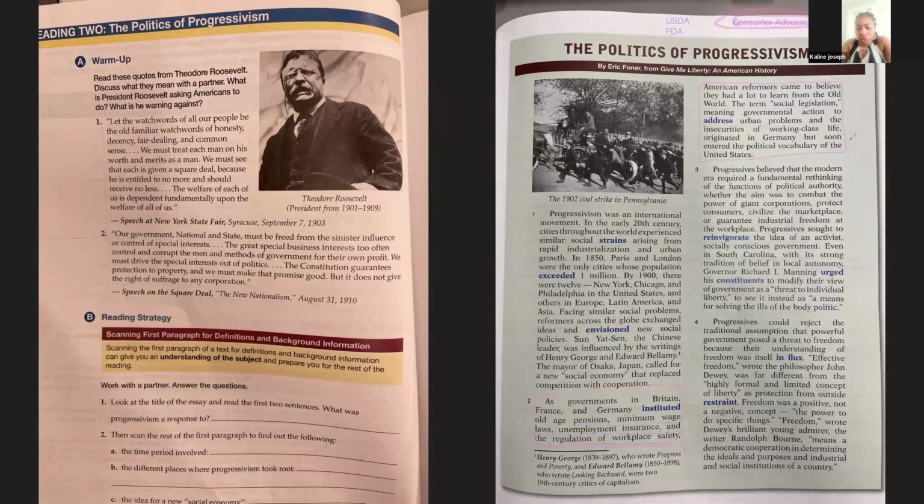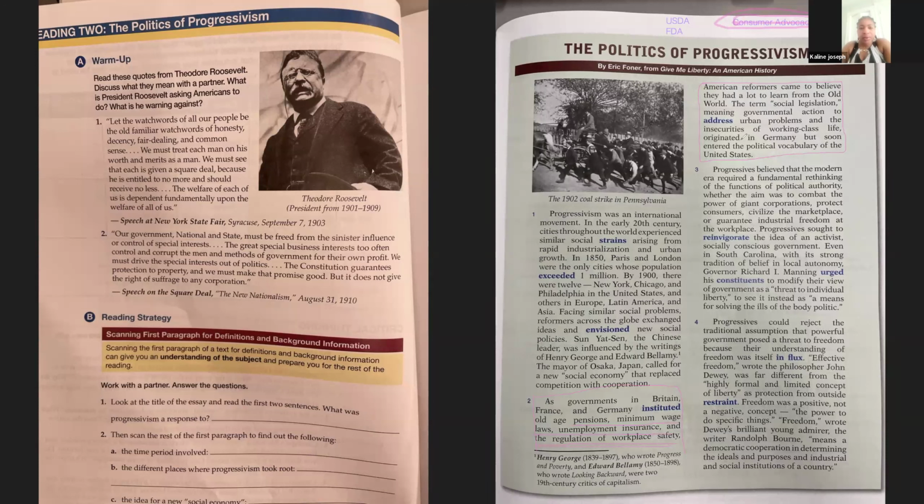The term social legislation, meaning governmental action to address urban problems and the insecurities of the working class, originated in Germany but soon entered the political vocabulary of the United States.